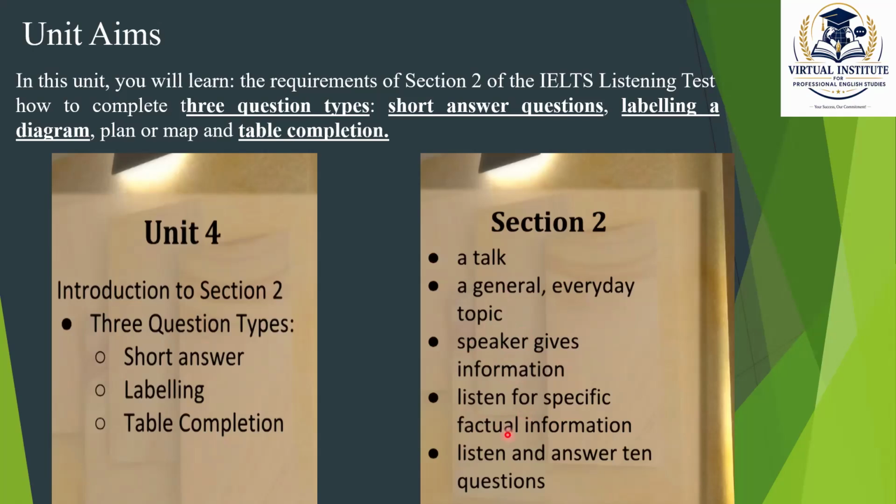We have already discussed what we mean by factual information. Then you will have to answer at least 10 questions regarding the topic. So this is just a brief summary of the section.